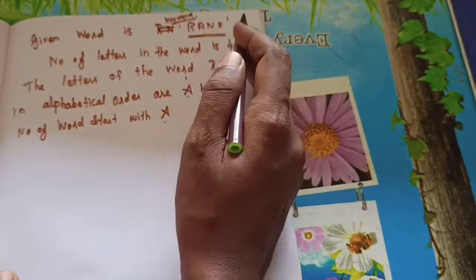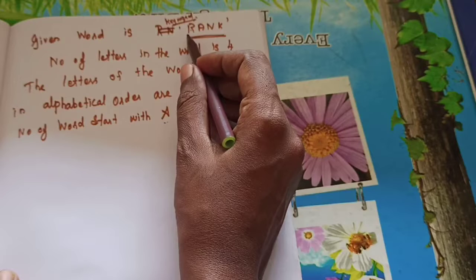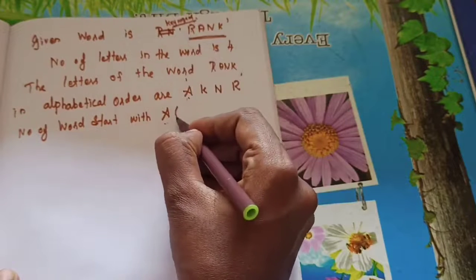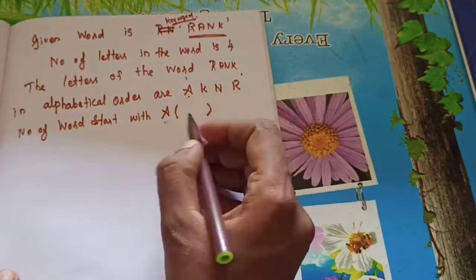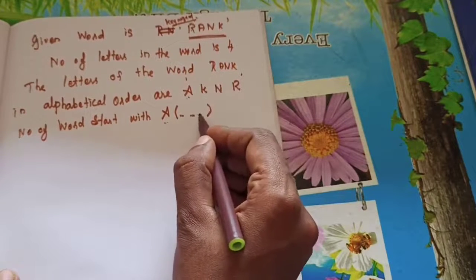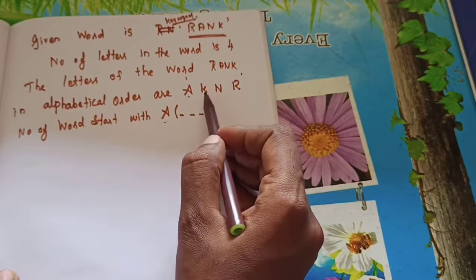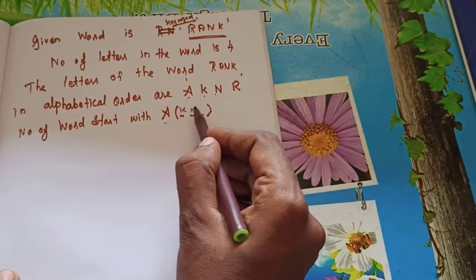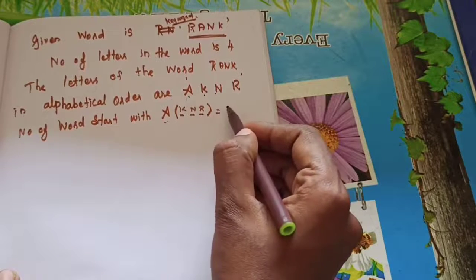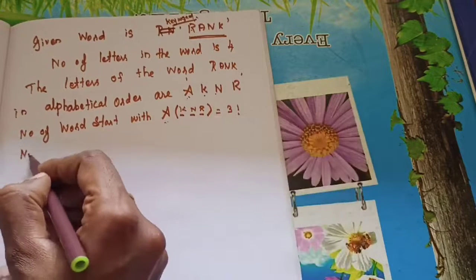Here you won't cancel. Why? Here the first letter is A, but the keyword is R. So you need to open one bracket. If I took A here, how many letters are balanced? 1, 2, 3 letters are balanced: K, N, R. So how many factorial do you get here? 3 factorial.